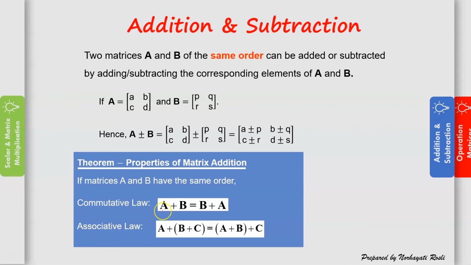For commutative law, A plus B equals B plus A. Means that here, it doesn't matter the position of A and B. When you add two matrices, it is the same if we change the position of the matrix, which is B plus A. For associative law, here A plus B, if you solve this one first, then you add it to C, it is the same as solving A plus B first, and then you add C. This one we call the associative law of the matrix.